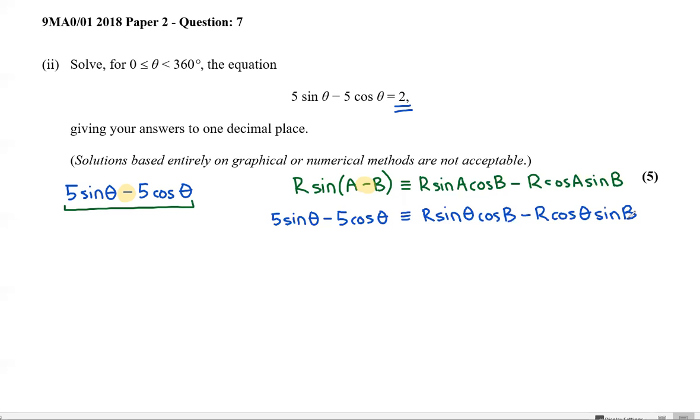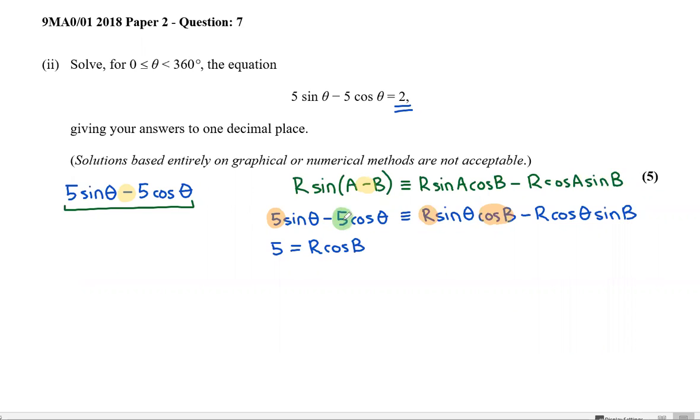Now then, looking at each side, if we look at the amount of sine theta we've got, 5 on the left and we've got r cos b on the right. So I can form an equation in terms of r and b. So we've got 5 is going to equal r cos b. And looking at the amount of cos theta I have, I've got 5 here.